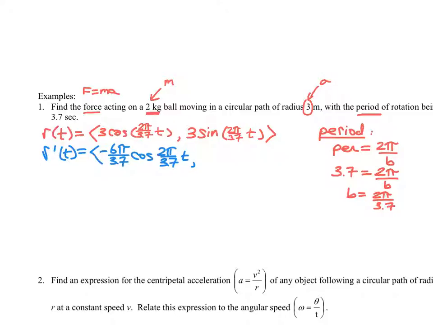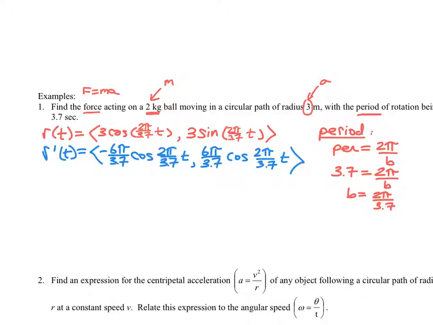And the derivative of sine is cosine, so 3 cosine of all that stuff on the inside multiplied by the derivative of all that stuff on the inside. So we're looking at 6 pi over 3.7 cosine of 2 pi over 3.7 times time.